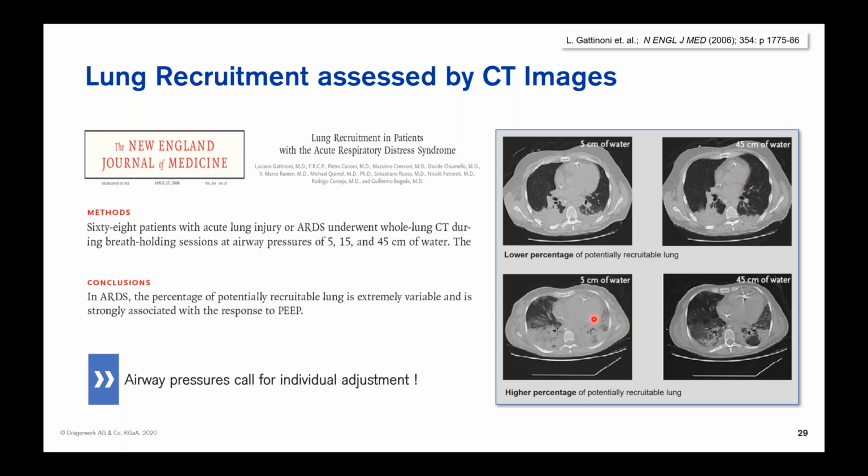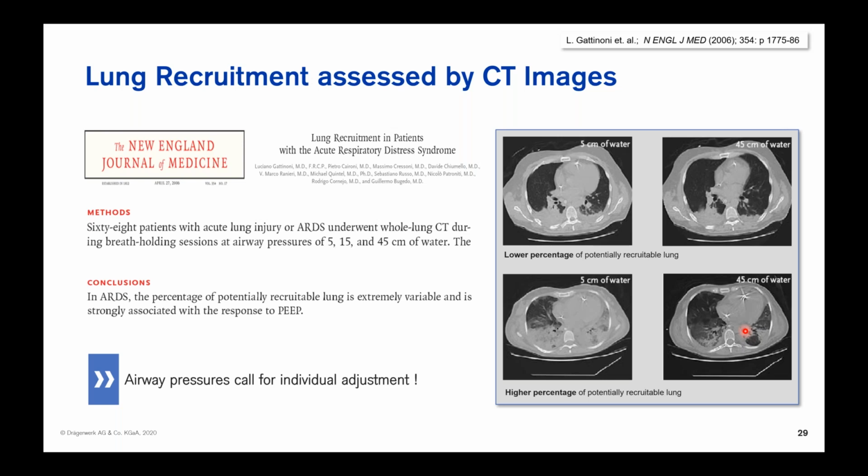In contrast, in other patients with a high percentage of potentially recruitable lung, you see that the white areas that we had in the CT scan at lower PEEP levels or lower pressure levels were getting much more dark, and so the aerated areas increased significantly at the higher PEEP. So it's certainly worth looking for approaches to individually assess lung recruitability.